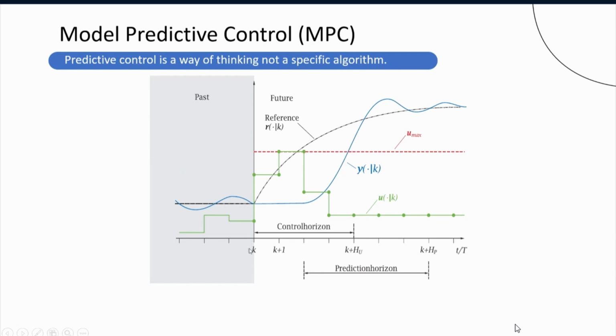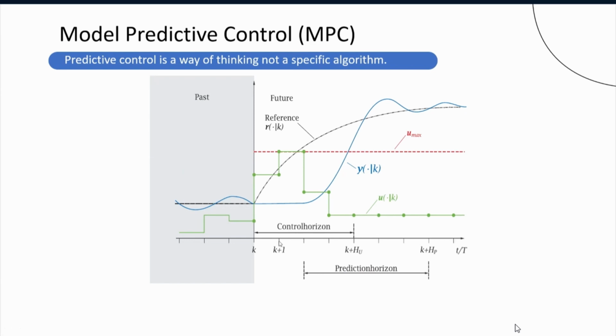But the nice thing is that I'm only applying the first control action, the one that is only one step ahead. So after I plan this optimum control action in the future, I only apply this one here, and once I step forward in the future, one step more, this step here becomes my present state.